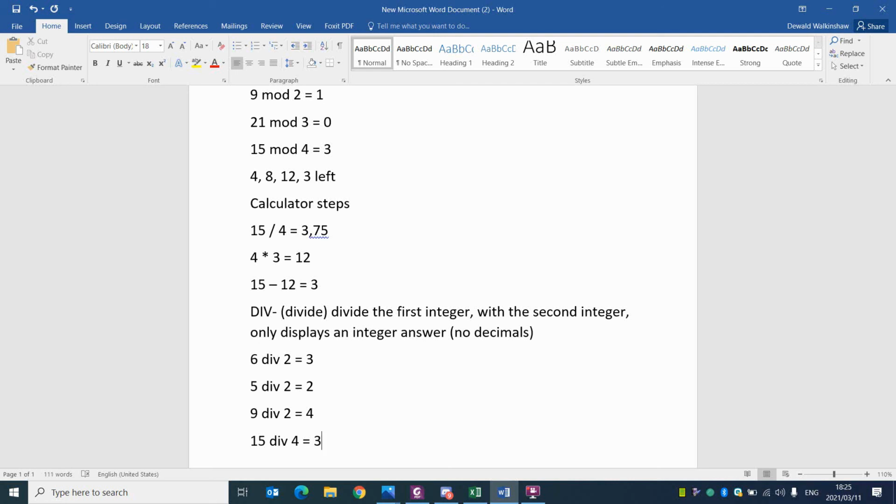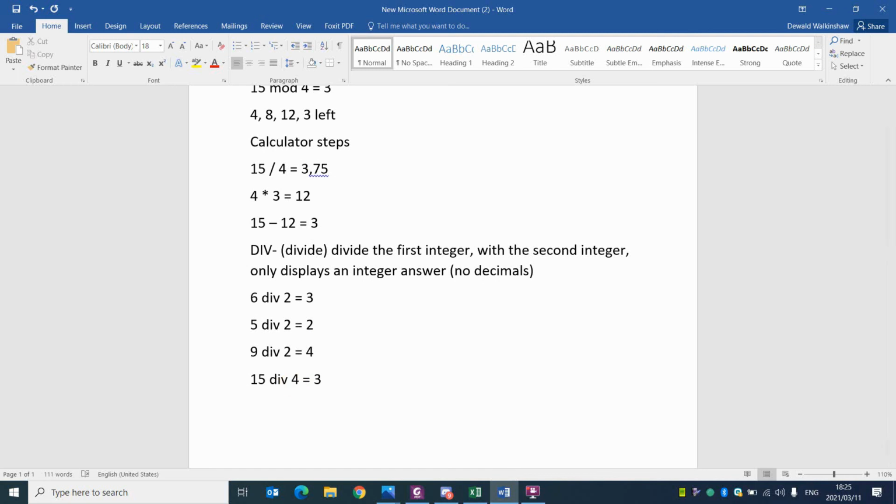Okay, do you all understand? Even though if you take your calculator and type in 15 divided by 4, you will get 3.75, you don't round up or down. You literally just throw the decimal away. And that is what the div function does. Okay, all good?